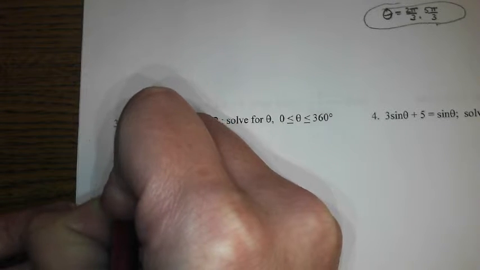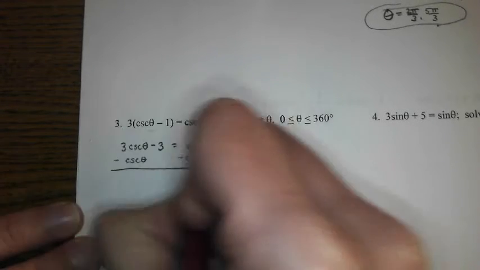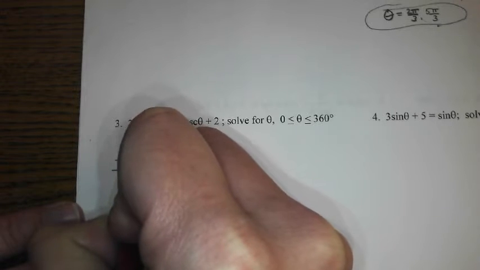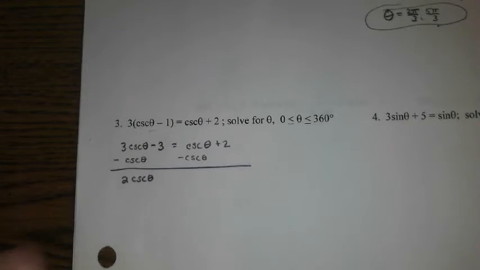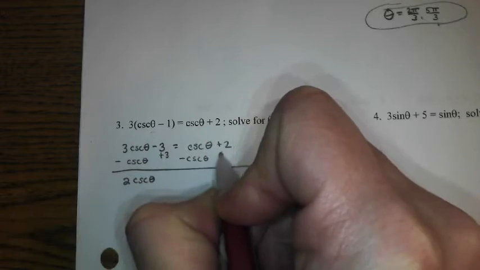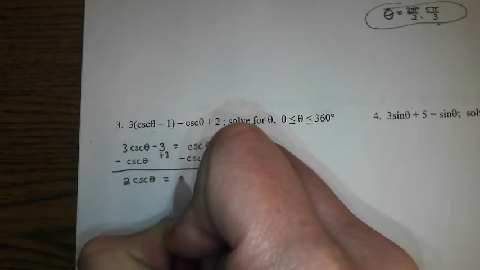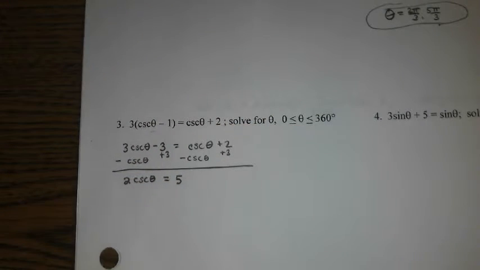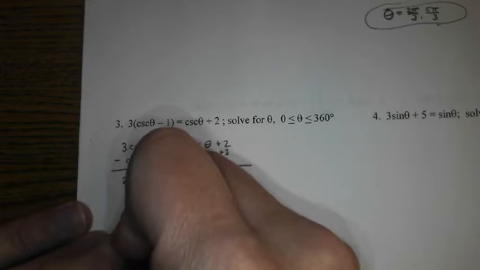So 3 cosecants minus a cosecant will leave me with 2 cosecants. So I'm getting my cosecants on the left, which means this negative 3 I want to add over to the right. So that equals 5. Good. Divide by 2.